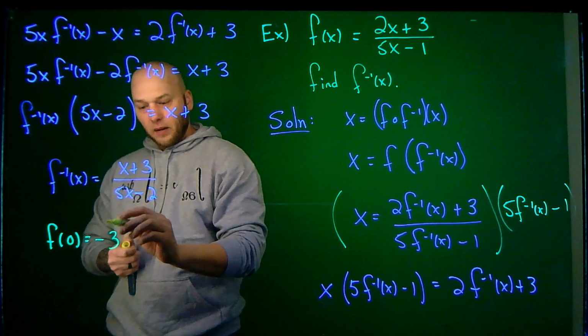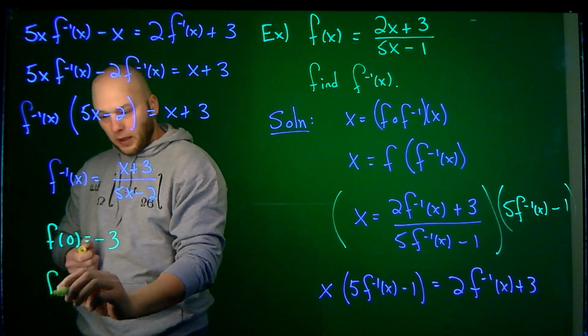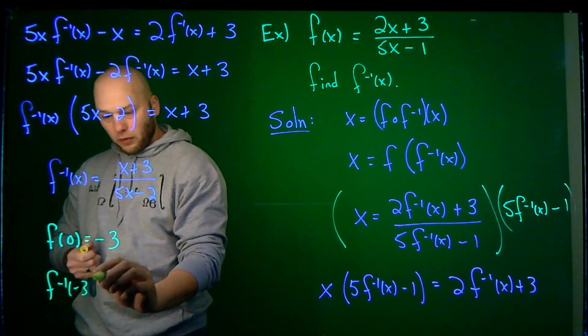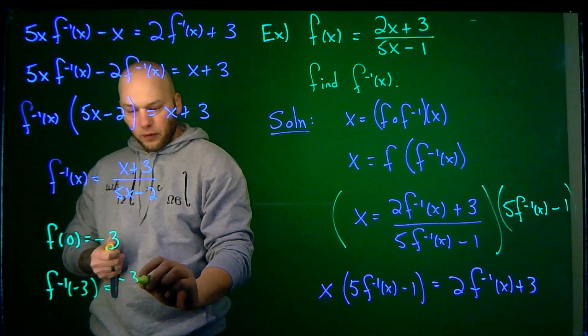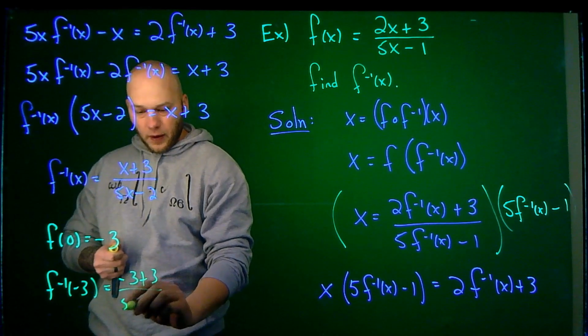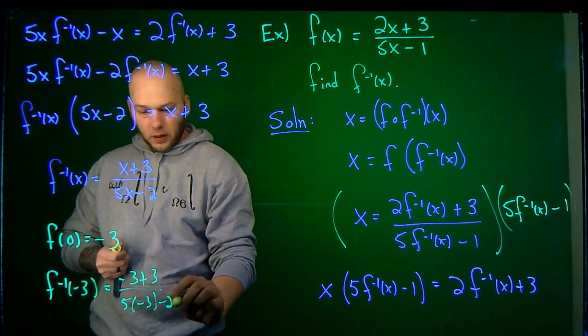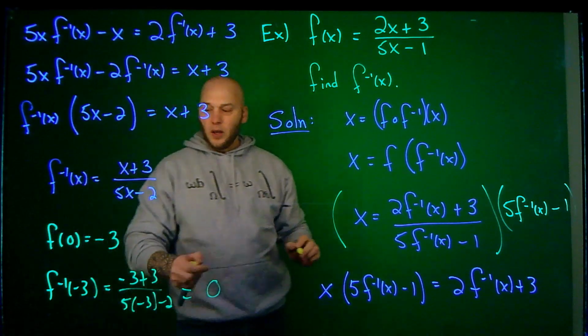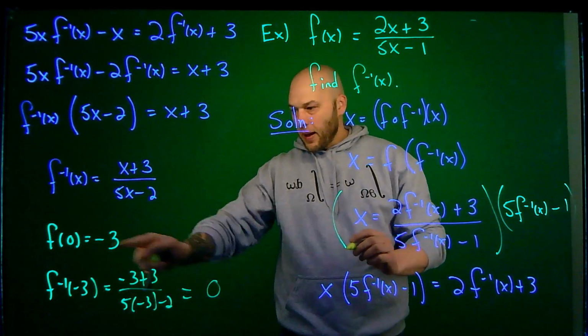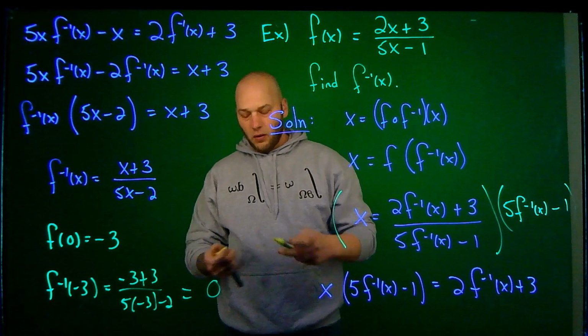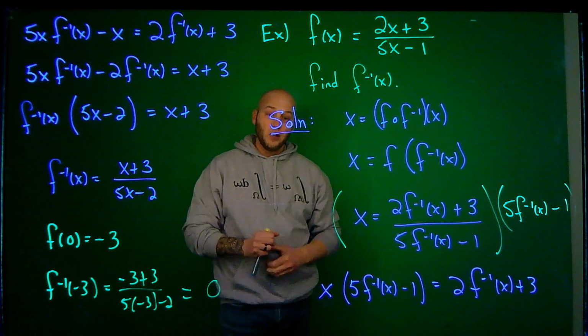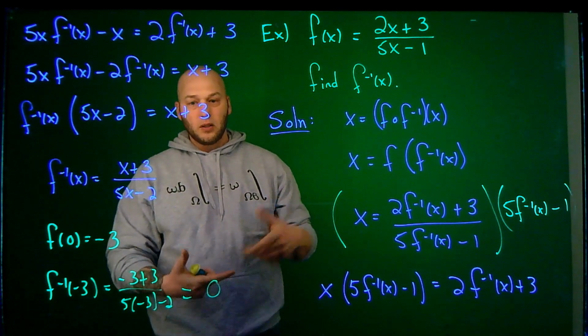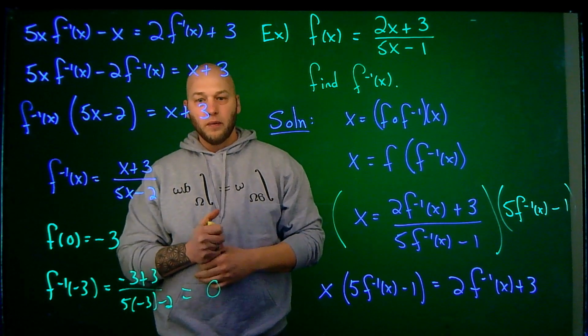And then I take negative 3 and plug it into this function. f inverse of negative 3 is going to give me negative 3 plus 3 over 5 times negative 3 minus 2, which is 0. So plugging it back into here got me back to the original value. Again, just as a check that that was the correct inverse function, and to remind you what the inverse does. It just kind of undoes everything that the original function did.